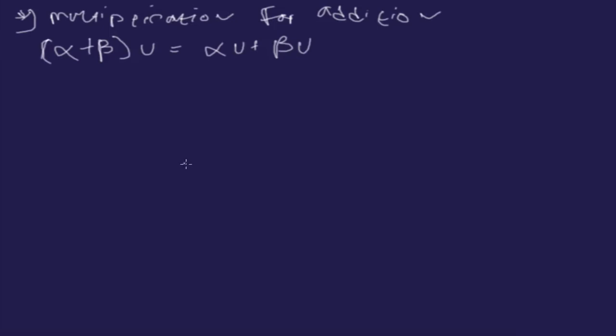So we prove as usual. We can write the alpha plus beta here, and we introduce x1, x2, x3, up to xn.